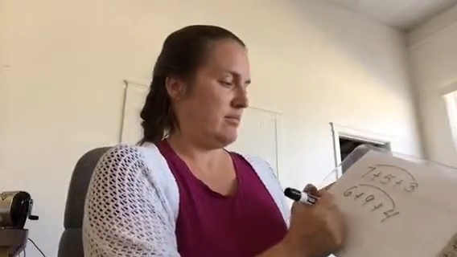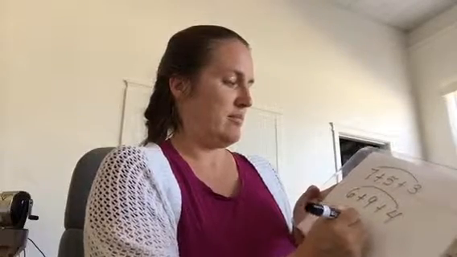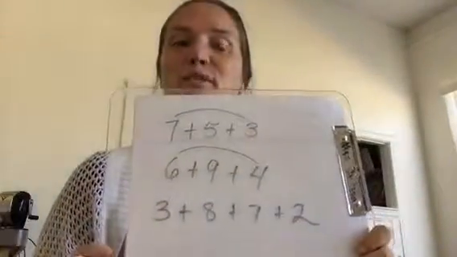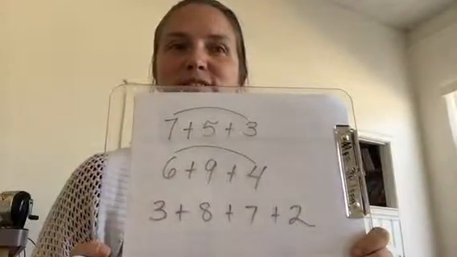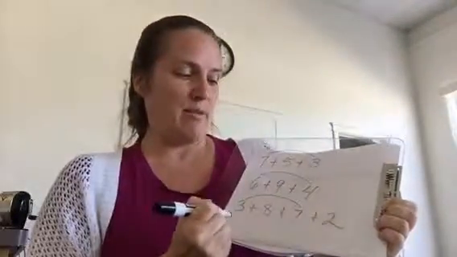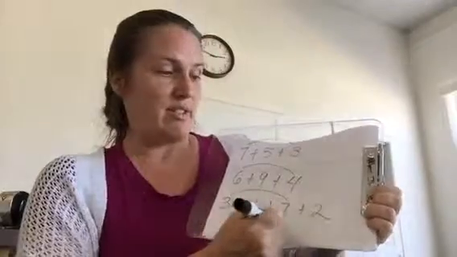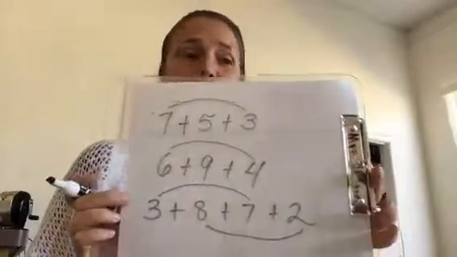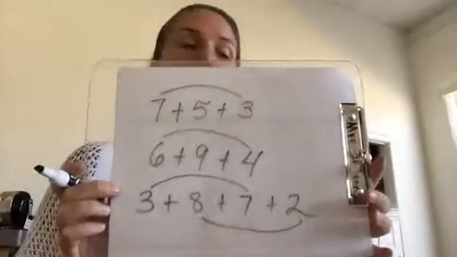Let's try another one. Do you see any numbers to make a 10 here? Good. 3 plus 7 makes a 10. But guess what? So does 8 plus 2. If you have 10 plus 10, that equals 20. You can add large numbers in your head if you make a 10.